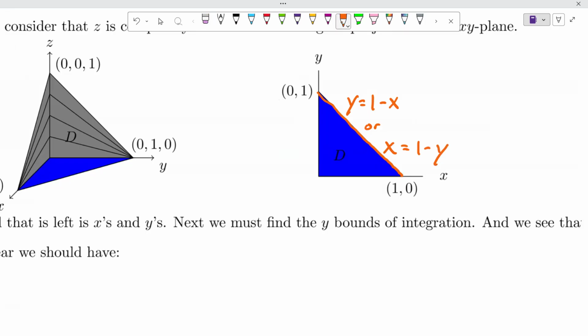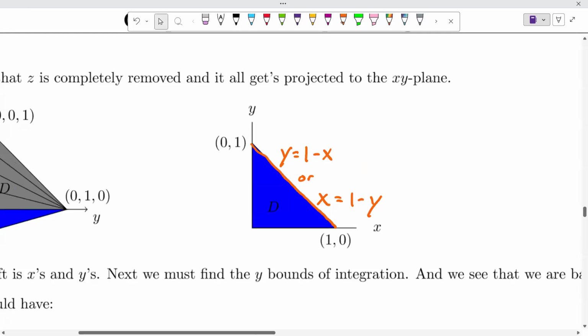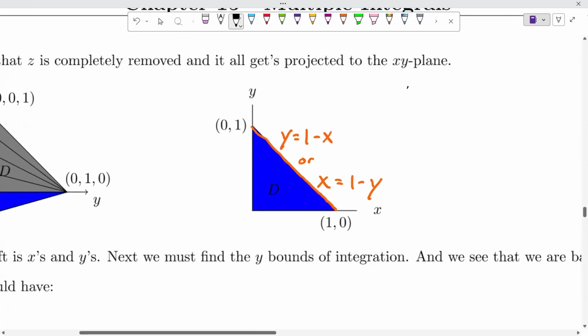Couple of ways I could go about formally defining that line. I've got my 2 points, (0, 1) and (1, 0). I can just find the equation of the line that connects the two. Or I had the equation of the plane, which at a time was x plus y plus z equals 1. But I've projected this thing into the xy plane, where z is 0.